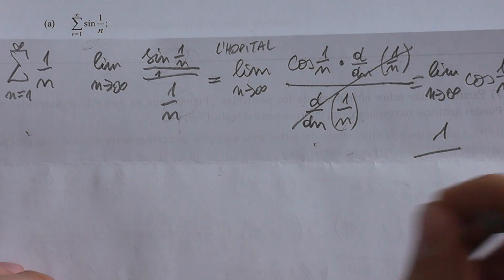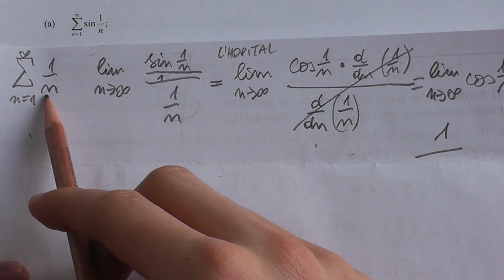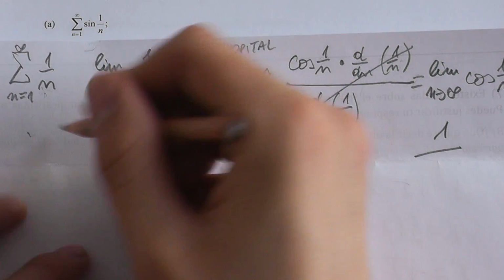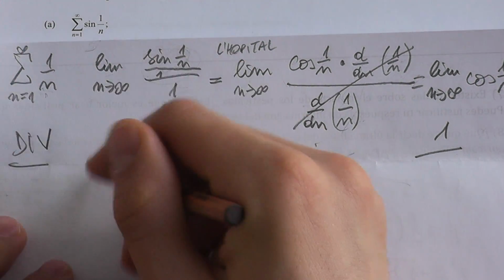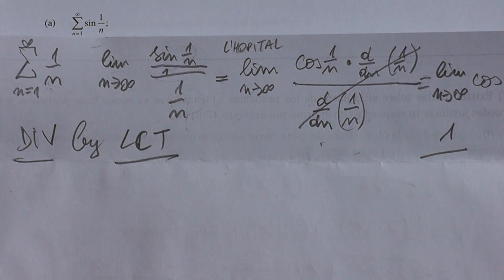Similarly, if one is convergent, then the other is convergent as well. But because the harmonic series is divergent, you can just conclude that this is divergent by limit comparison test. And that is your answer.